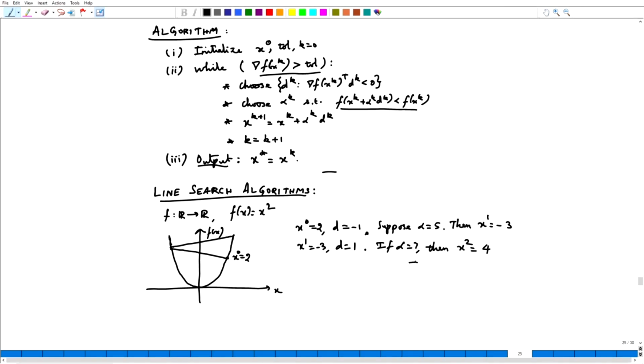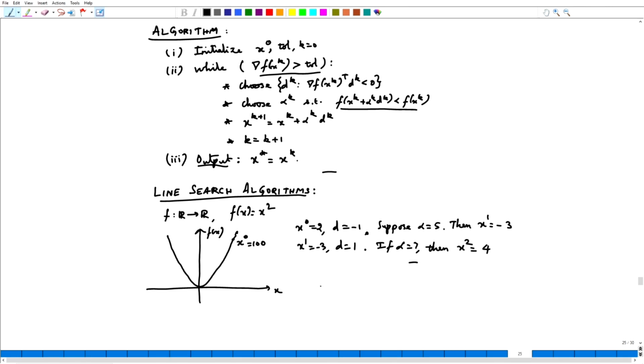Let us take the same example, f of x equal to x squared, and let me choose a very high value, let us say x naught equal to 100, and of course, d is equal to minus 1.